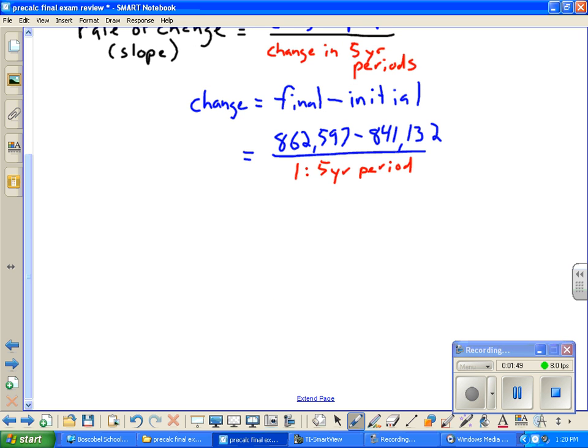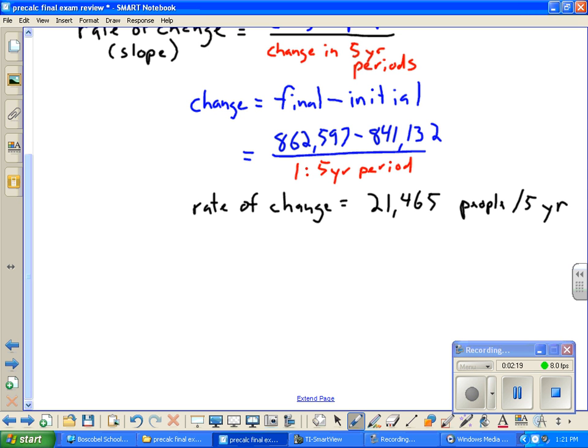Okay, so our rate of change, when we subtract the numerator and divide by 1, so basically it's just the numerator, is equal to 21,465 people per 5 years.